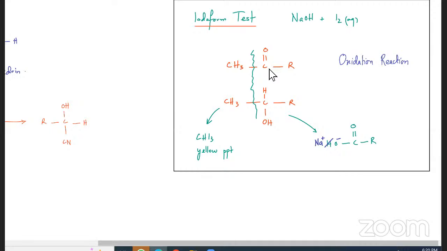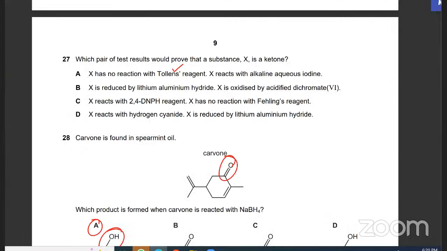It's true for a ketone, a methyl with a double bond O, but it's also true for an aldehyde as well, methyl with a double bond O and R being H. And the iodoform test is also true for an alcohol, a methyl with a carbon which has OH in it. So you can't really 100% prove that it is a ketone.